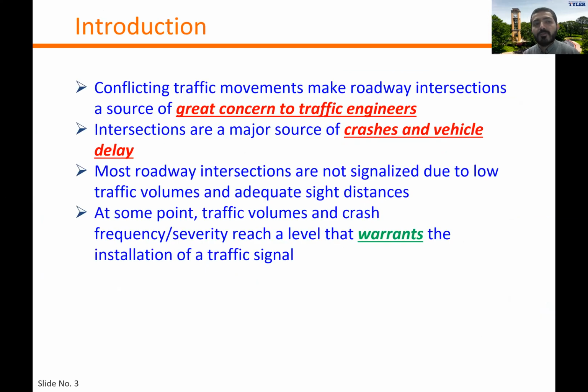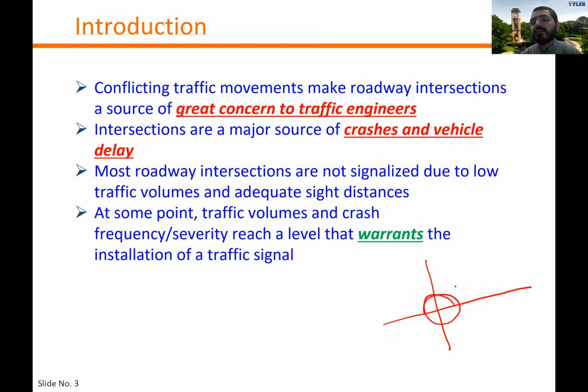We started first with a brief introduction on basically roadway intersection. If we did not have the concept of intersection, then our life as transportation engineers would be much easier. But the issue is having an intersection.